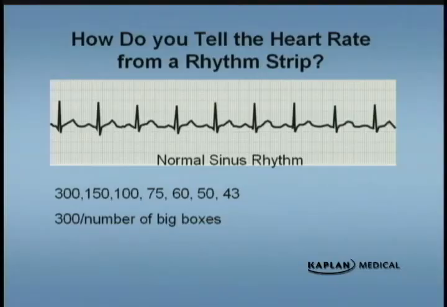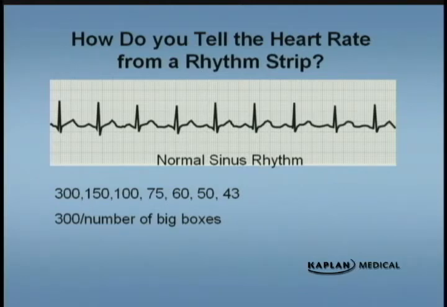By the way, if someone's heart rate's exactly 150, what's the most likely rhythm? It's A flutter with 2-to-1 block. Okay. 3 big boxes, the heart rate's 100. 4 big boxes, 75. 5 big boxes, 60. 6 big boxes, 50.